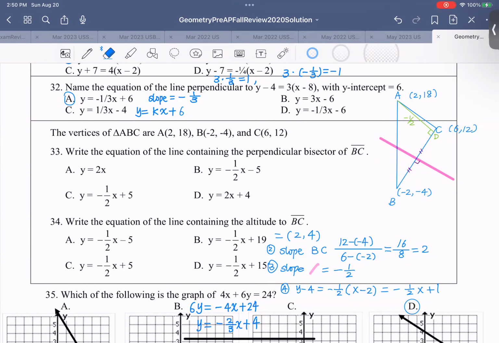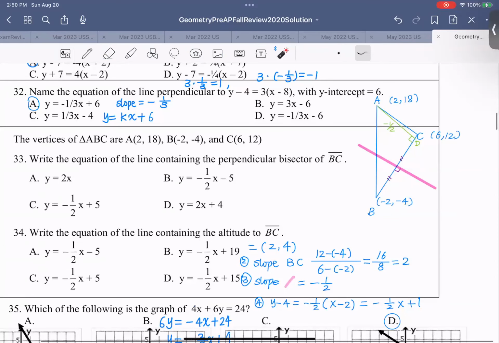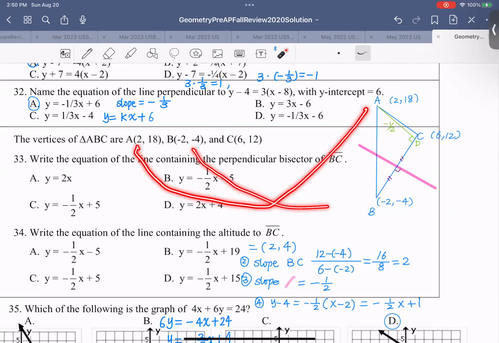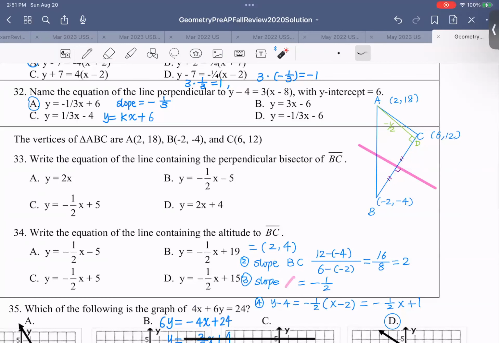Now let's go ahead. For geometry, mark it. You pass a midpoint. How do we get the midpoint? You add x1 plus x2, which is 4, and then divided by 2 is 2.